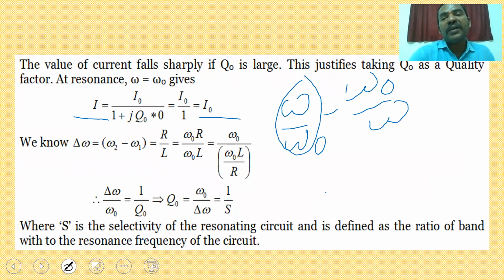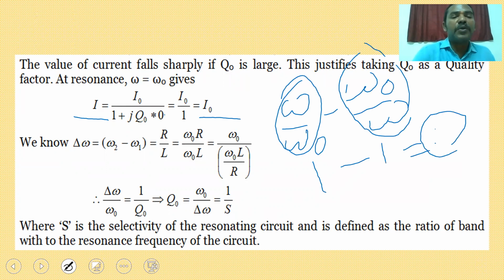So 1 minus 1 is 0, and this value is multiplied by Q naught. There is no imaginary part, and the total I value must be equal to I naught only.